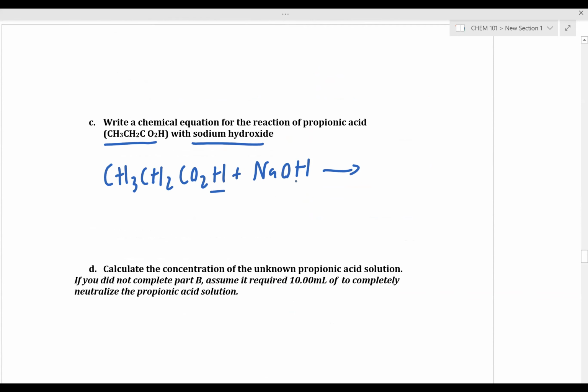In an acid-base reaction, our H plus reacts with OH minus, and the fastest way to predict the products is to swap your cation and your H plus source. So in turn, we end up with sodium propionate and water. An acid-base reaction typically produces a salt and water.